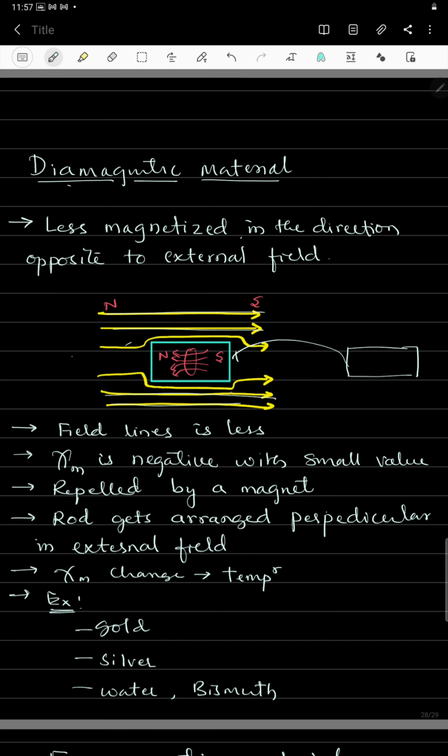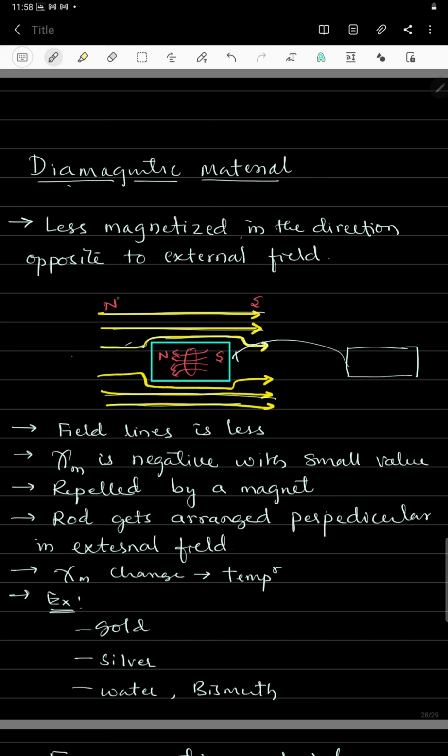Some of the field lines come up to here, then are repelled by this magnet and move out from that material. So these types of materials oppose the motion of the magnetic field lines.